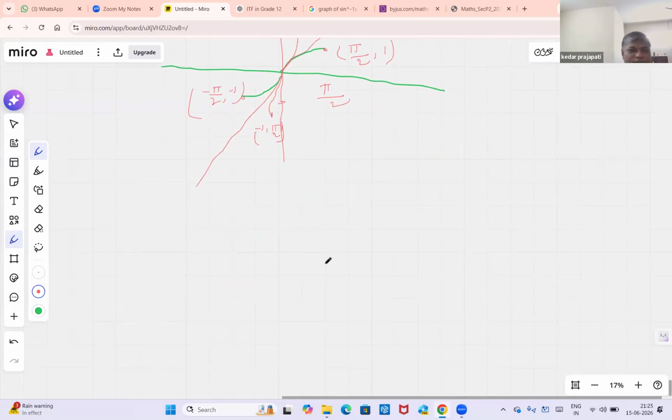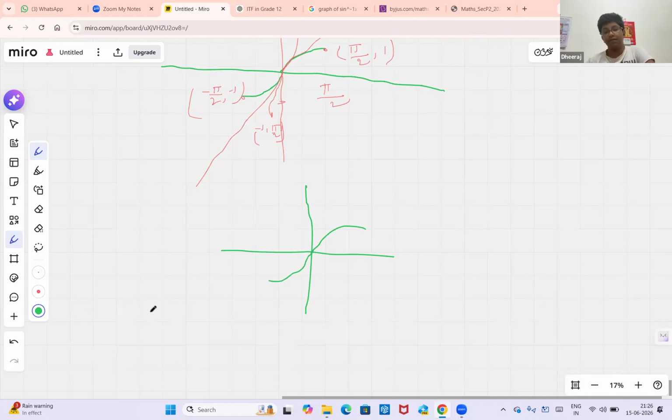So what did we learn here? The y equal to x graph is like this. This is y equal to sin x.